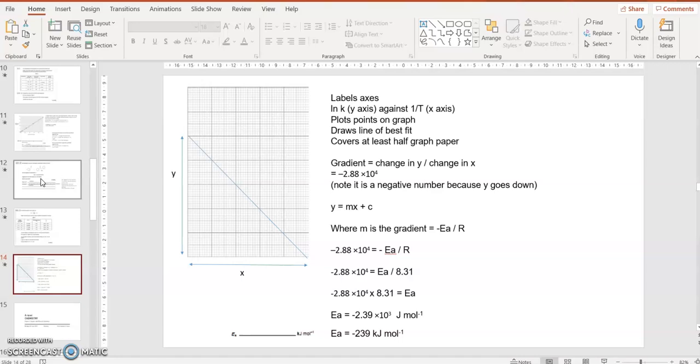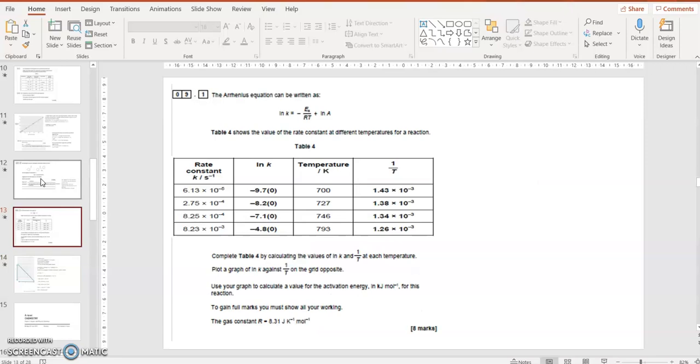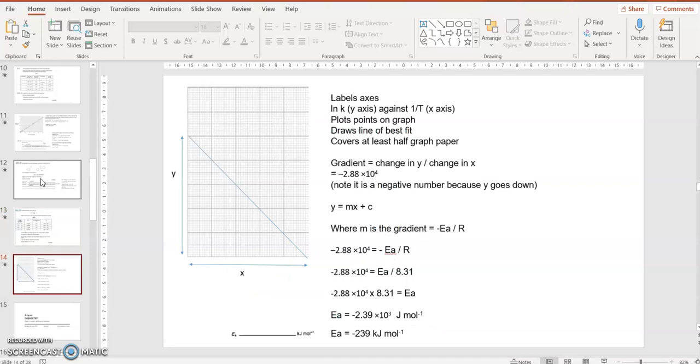That gradient equals minus EA over R. So they ask you to plot a graph, like they have done there, of lnk up the y-axis and 1 over T along the x-axis. The gradient is minus EA, that's the activation energy, divided by R.